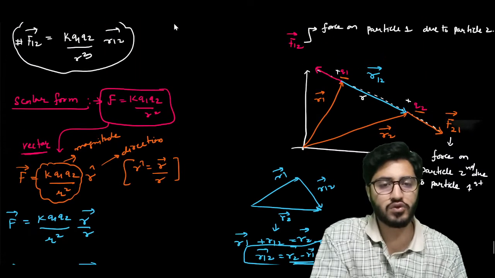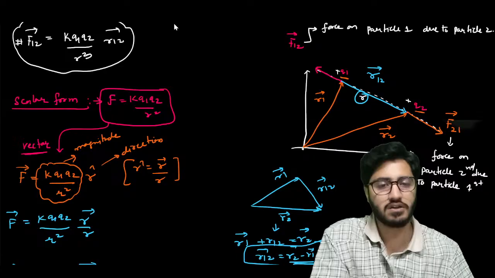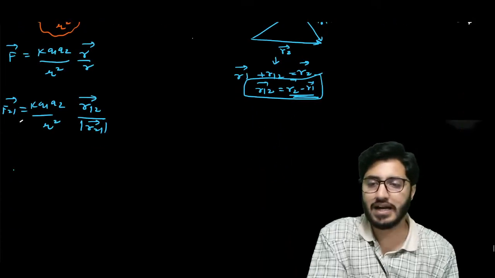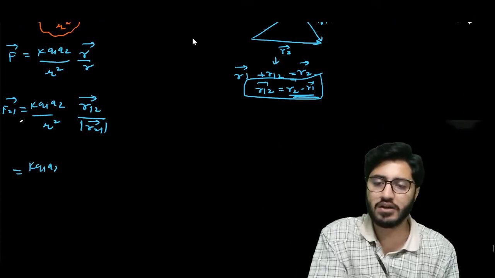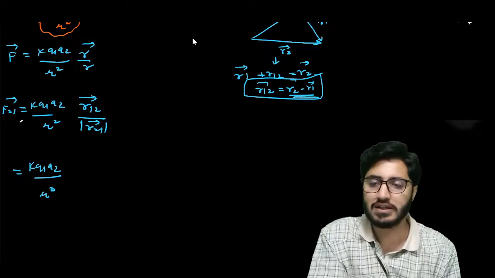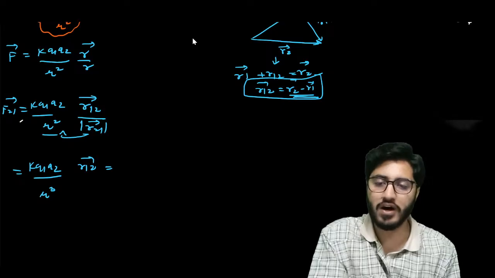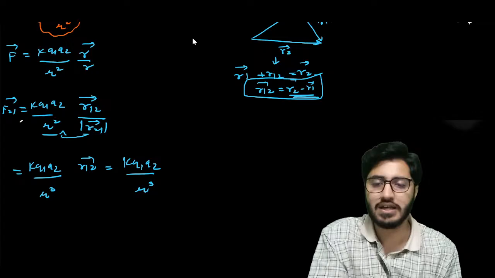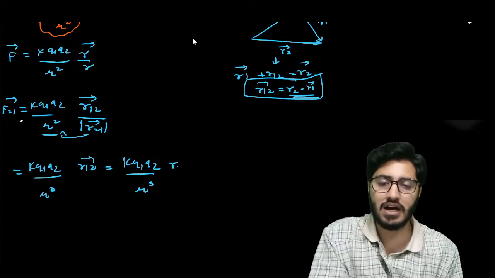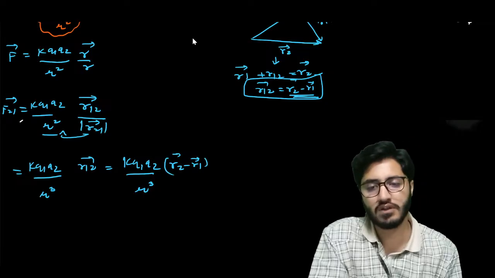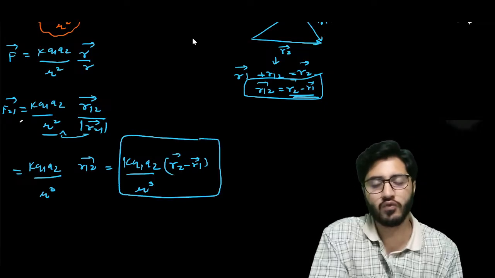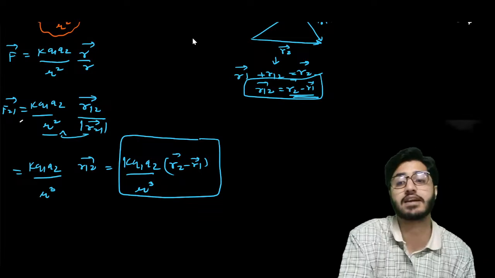The magnitude would be R only, so it becomes K Q1 Q2 by R cube, this R and this R combining. Then I will have R12, or in place of R12 I will write R2 minus R1. This is how we can write Coulomb's law in vector form.